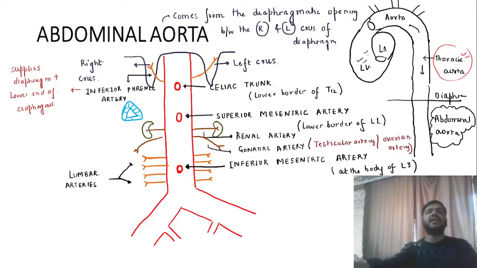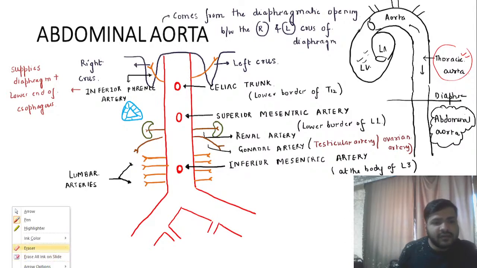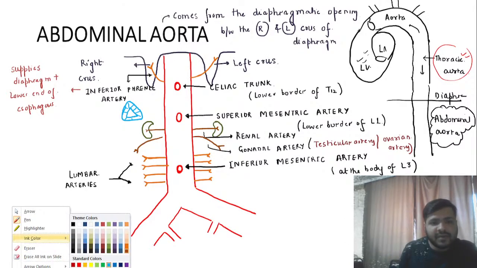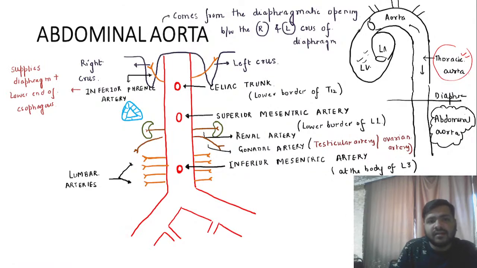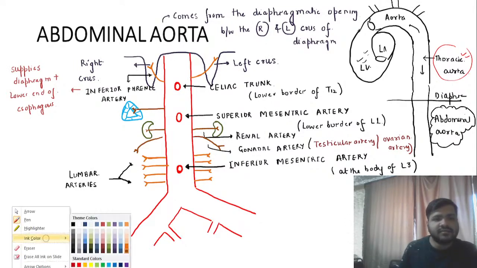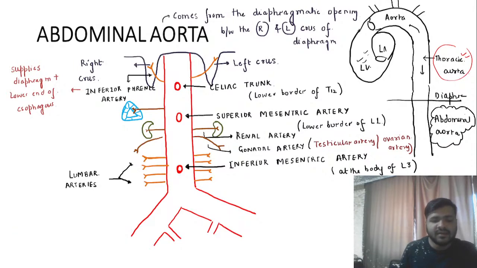The suprarenal glands are located just above the kidneys, and the middle part of the suprarenal gland is getting direct supply from the lateral branch of the aorta. This is what we call the middle suprarenal artery.